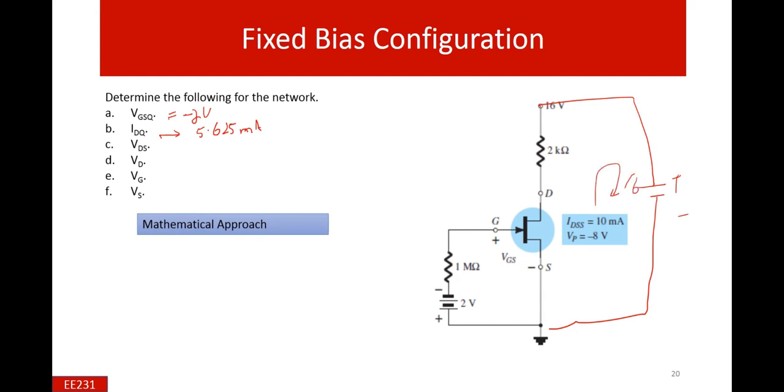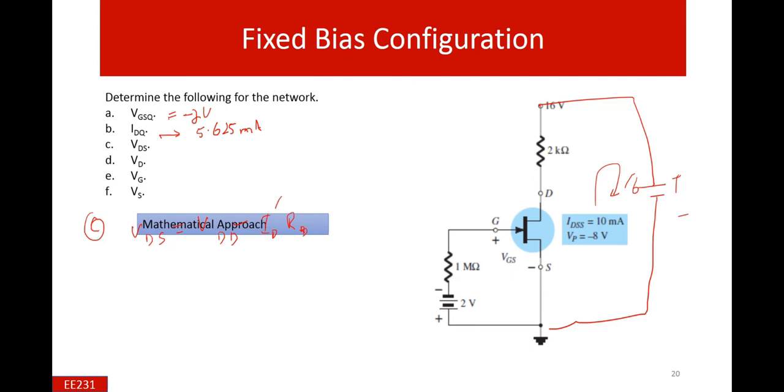If we apply KVL here, then we find, no, it is the C part, so VDS is equal to VDD minus ID RD.